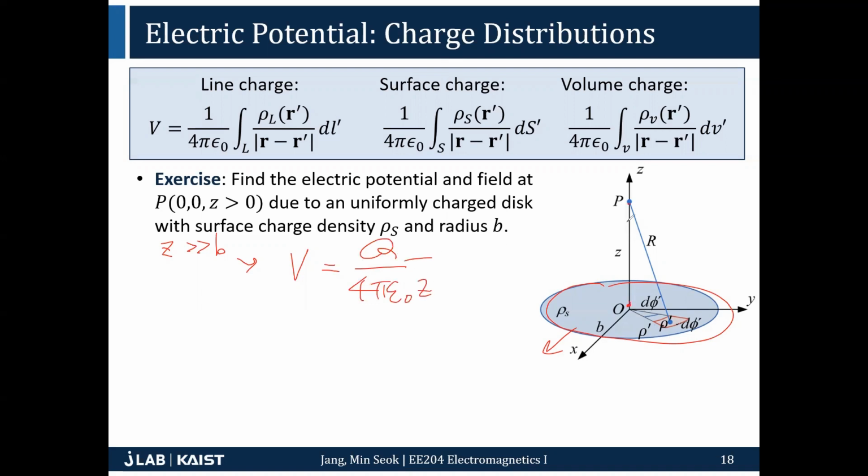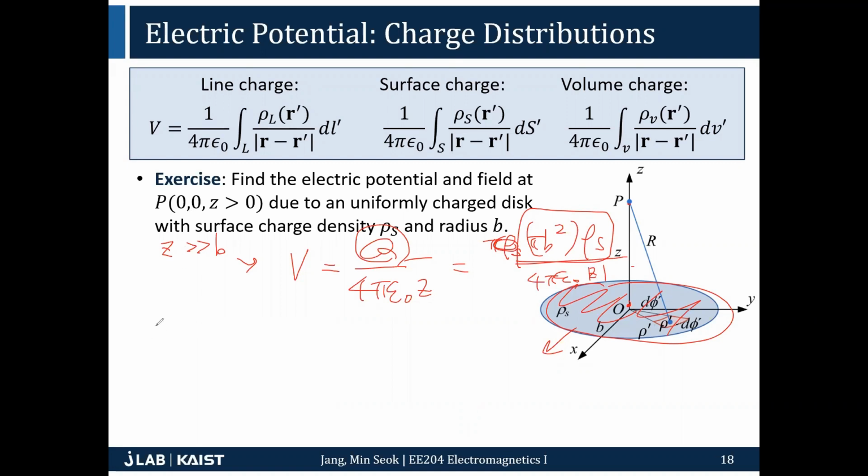And Q here, of course, is pi b squared multiplied by rho S, the total charge of the disk, divided by 4 pi epsilon naught z. So we know this limit.